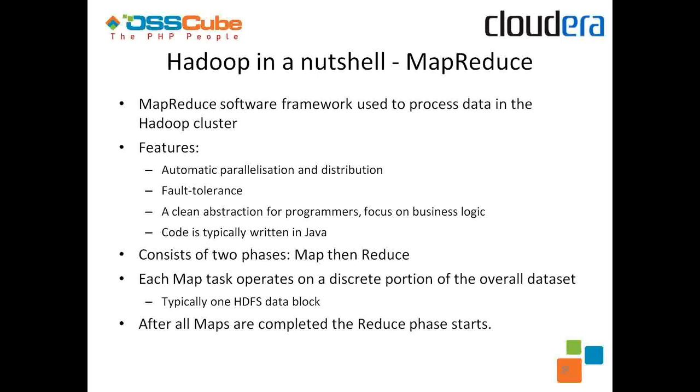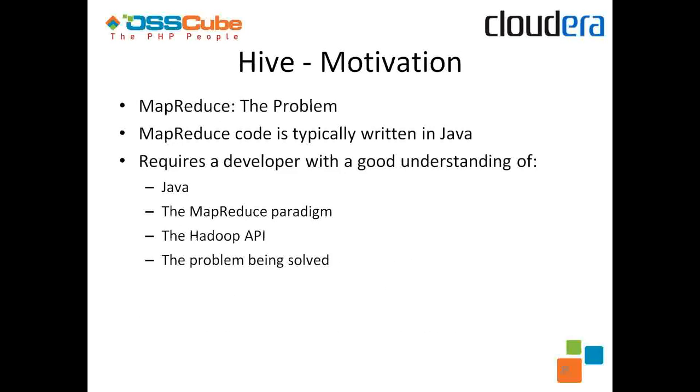So this is how Hadoop becomes very scalable, because each task will work on a subset of the data, rather than one task processing the whole data set. And once these mapper tasks are finished, then the reduce phase starts.